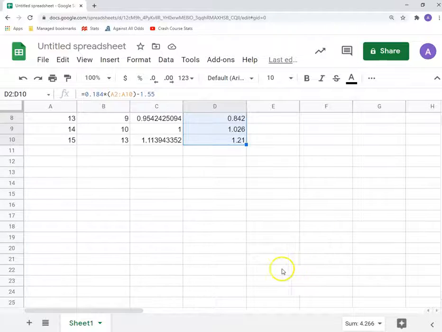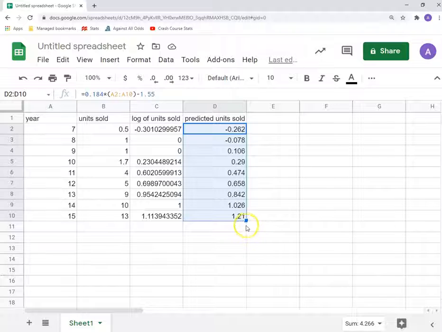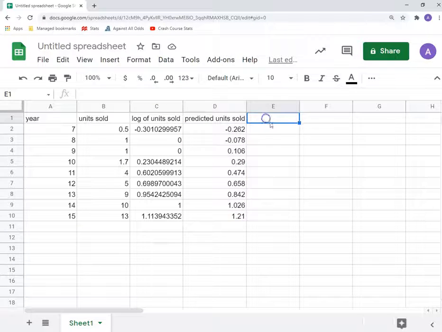Because that was what my chart told me was my y-intercept. I tried making my residual chart. Is that what you got for predicted units sold? Did you use these as your X? Those are your X's. Units sold are your Y's.